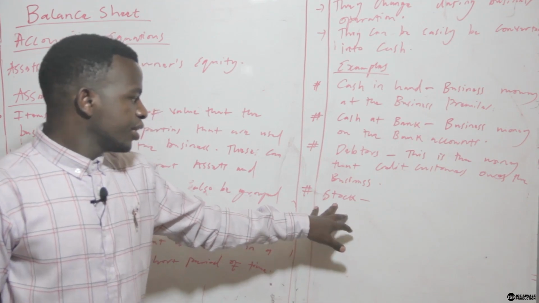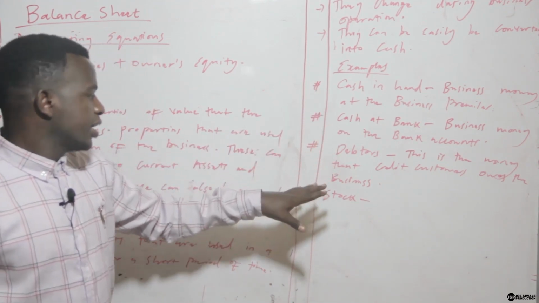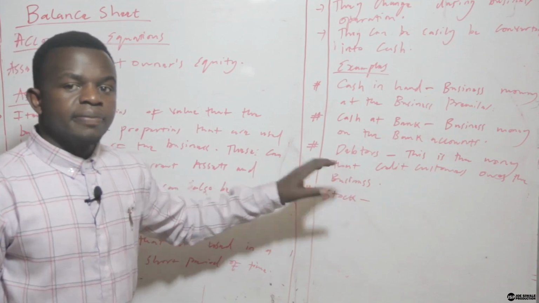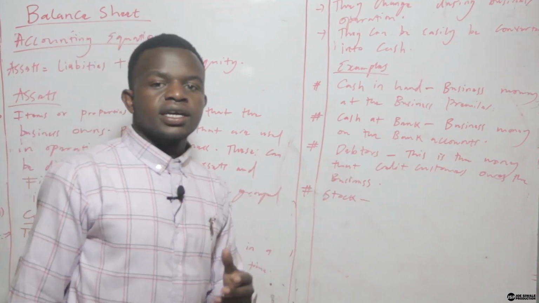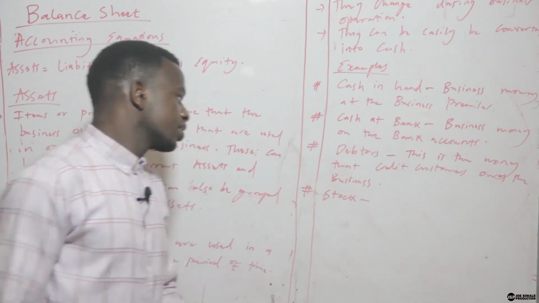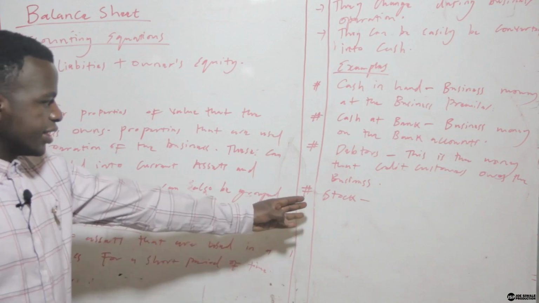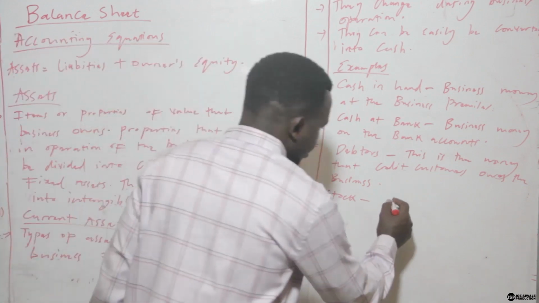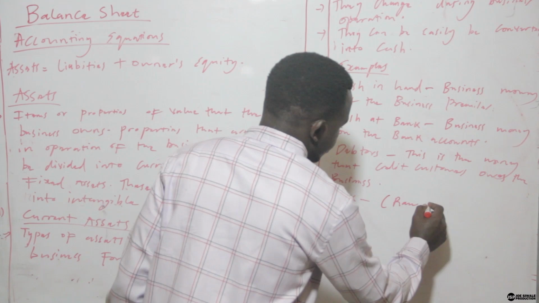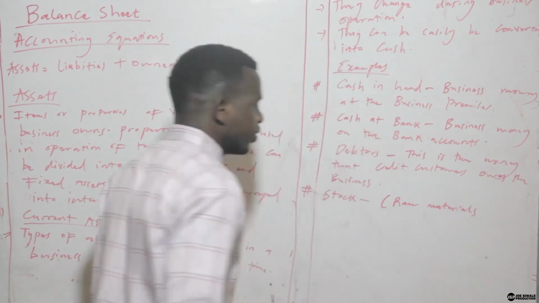So that stock is not recorded under the current assets, but you get the stock that is outside the trial balance, and that stock is the closing stock. Then for the closing stock, or the stock that you're having, this can be raw materials.